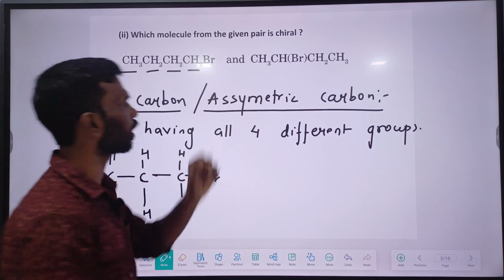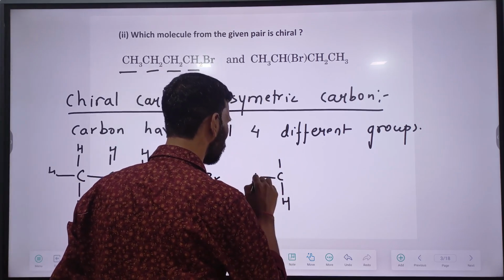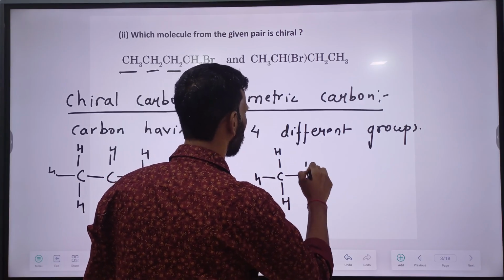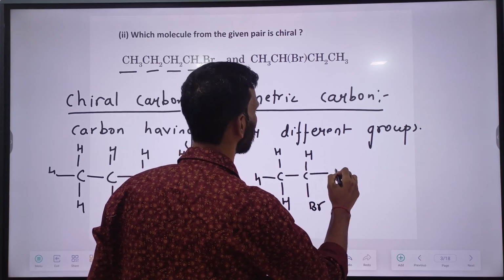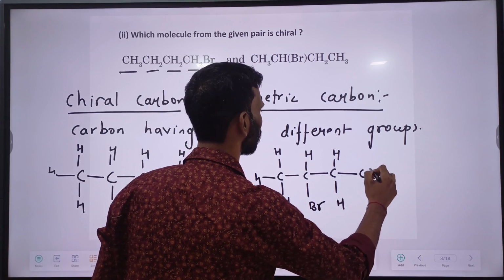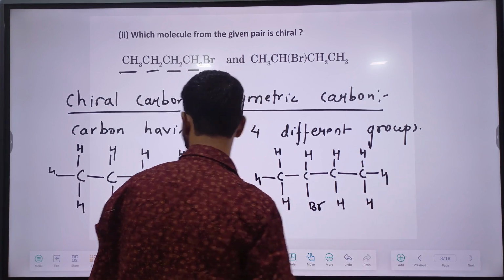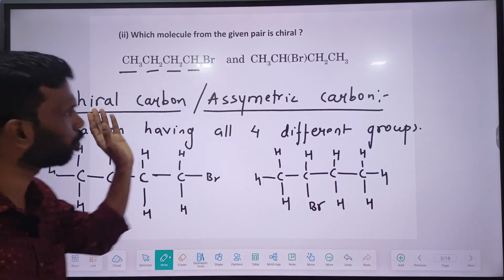And the other structure I'll write over here, this is CH3. So I have written the open chain structure for both the compounds.